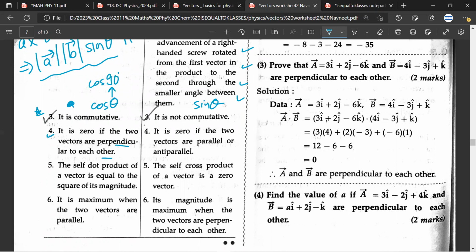That is why it becomes 0. Am I clear, Avantika? Yeah. But in a vector product, the theta is 0 when the two vectors are parallel. Then sine theta is 0, and then the cross product is 0. Am I clear?